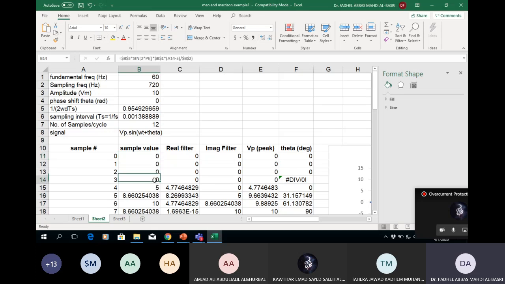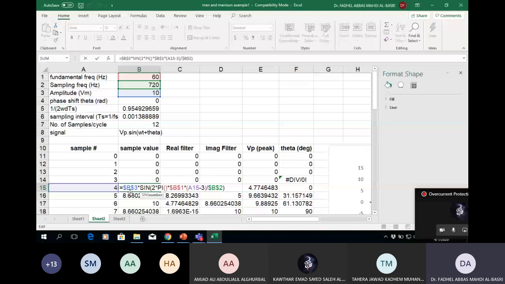So from here I started implementing this, the magnitude, which is the 10 sine of omega, 2 pi f, the frequency 60, over times delta t, 1 over the frequency.